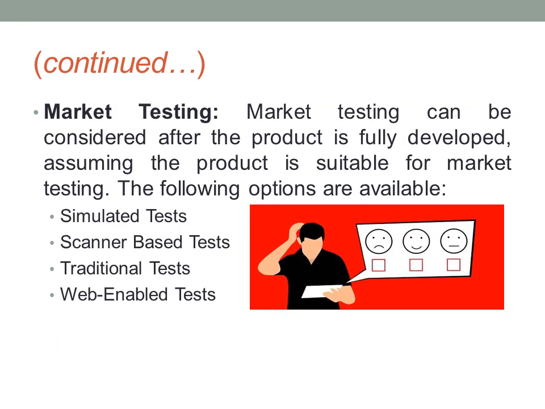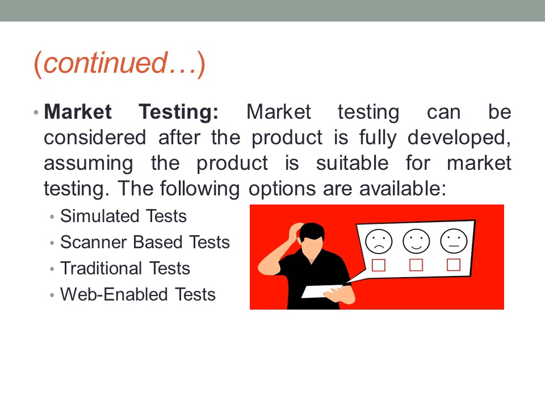Market testing. In market testing, several methods can be used, and it can only be considered after the product is fully developed, assuming the product is suitable for market testing. That means before market testing, we have already produced the first batch of product, but those products will be used for the purpose of testing the customers' responses to that product.